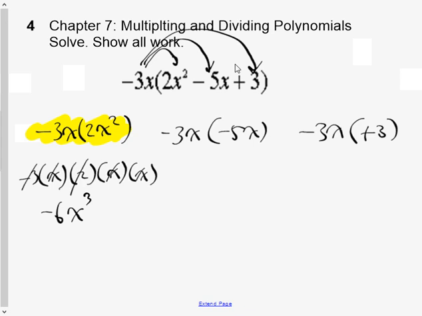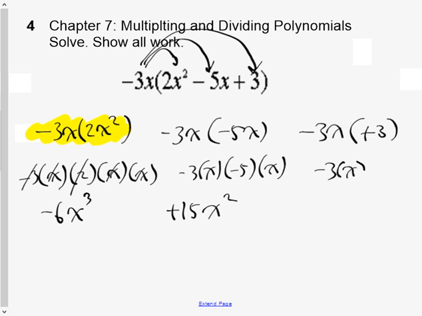With the next one, using the same method, I'll write it out because I'm not lazy, but if we think of it like this, multiply the coefficients, you're going to have a positive 15, and x times x is going to be x squared. And the last one, even though you shouldn't have shown your work like this, you're going to end up with a negative 9x.